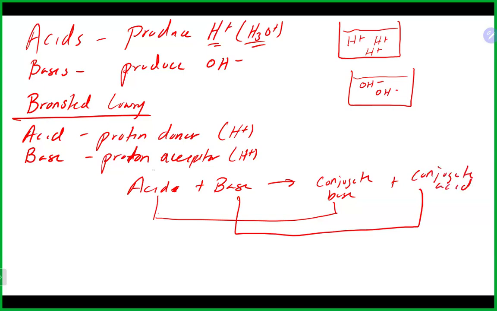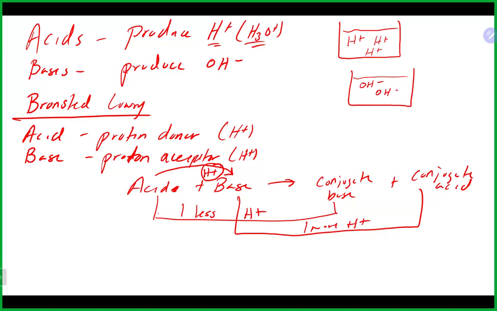The acid will donate that hydrogen over, and the only difference for these to be considered conjugate acid-base pairs is that one H plus difference. As you go from the acid to the conjugate base, it has one less H plus because it gave it away. And as you go from the base to the conjugate acid, it has one more H plus.